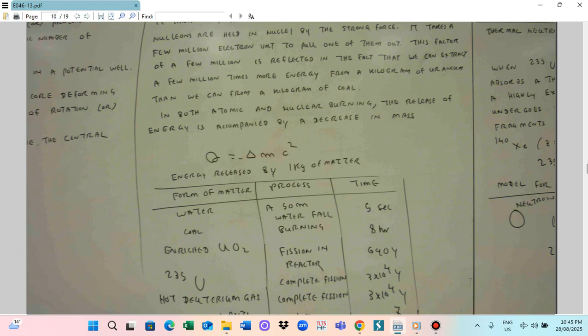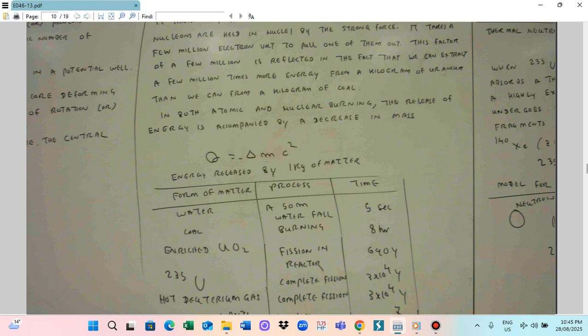This is reflected in the fact that we can extract a few million times more energy from a kilogram of uranium than from a kilogram of coal. So destroying the nucleus of uranium can produce a lot of energy.